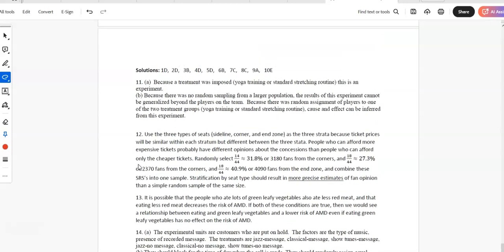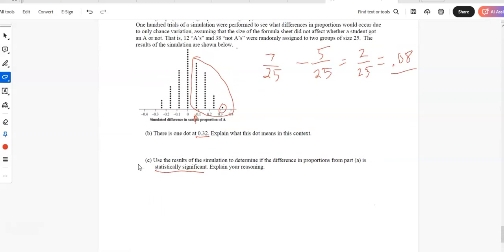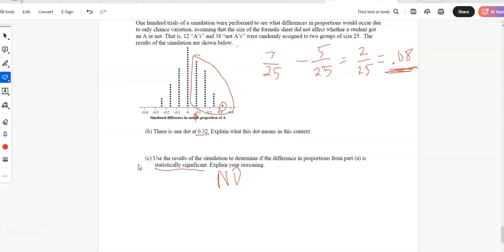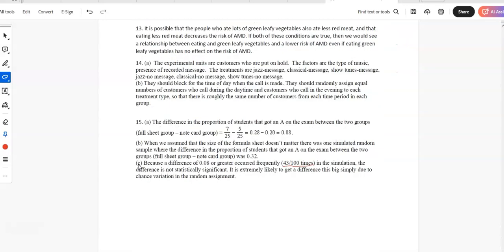So let me change that if I didn't already. Yes, so this is no. Because if you were paying attention, it's not 0.8, but 0.08, and that's right there. So about half of them. You try to count it out there. So it is extremely likely to get a difference this big simply due to chance variation alone. That's your lesson.